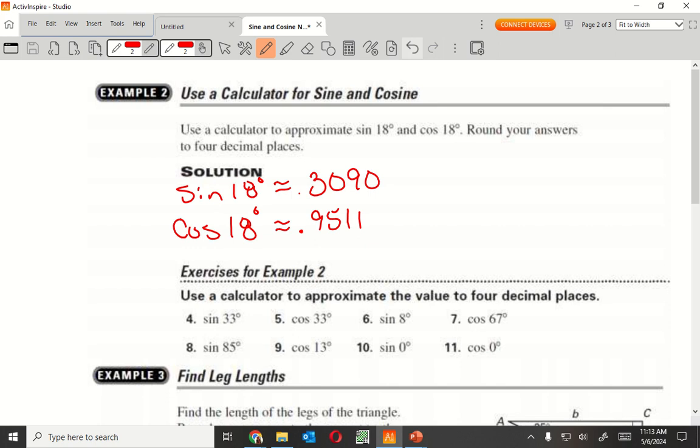Ah, it's wrong. I already switched it. I just exited out of the app. Oh, okay, that's why. Okay, yours is in red.